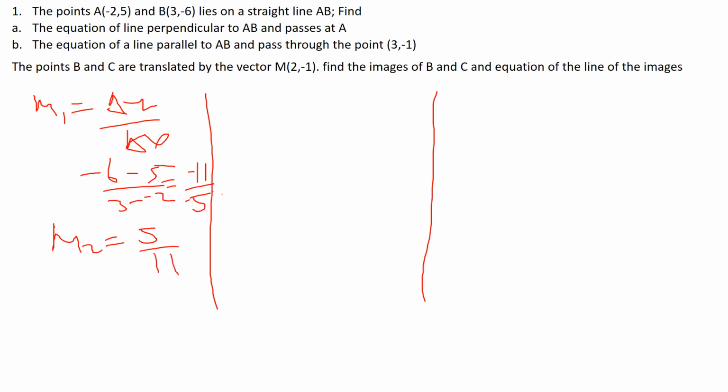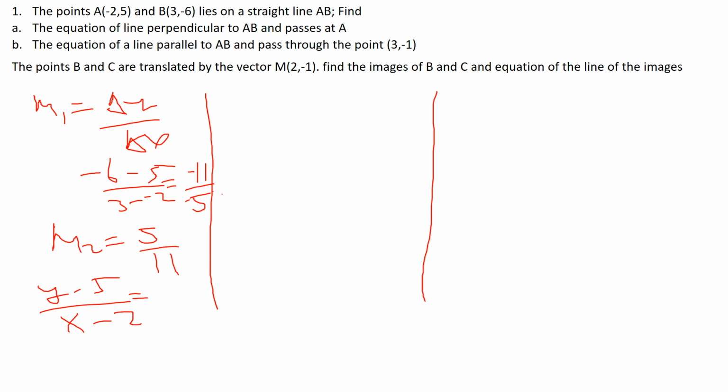So now we can get the equation. We are told that the point is negative 2, 5, and B lies on a straight line AB. Find the equation of a line perpendicular to AB and passing through that point. So we are going to have y minus 5 divided by x minus 2.